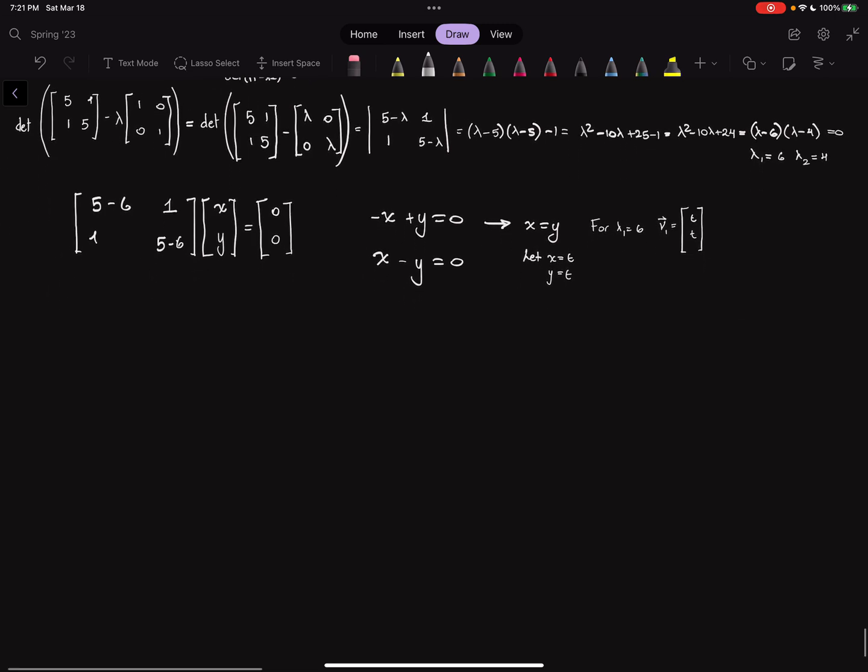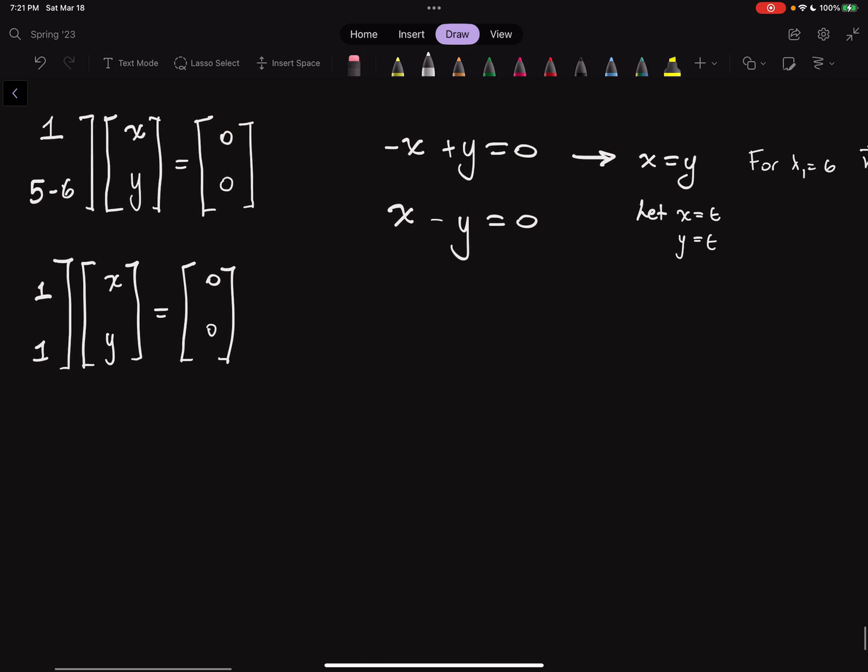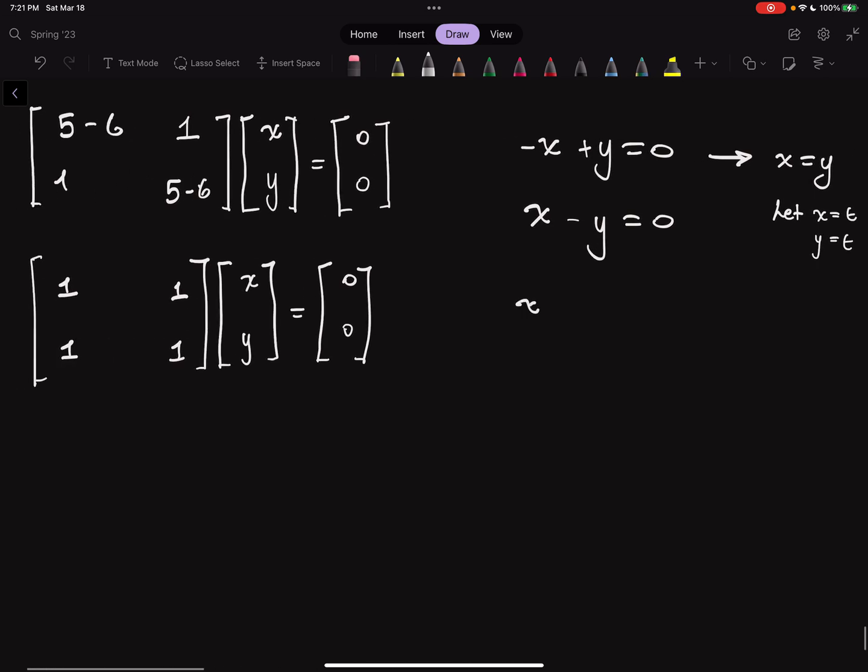We'll do the same thing for the second eigenvalue, which is 4. So 5 minus 4 is 1, and here we have 1, 1, 5 minus 4 is 1. And then we have to solve this same system. Now notice how we have the same equation at the top and at the bottom. So we really only need one: x plus y equals 0, which means that x is the negative of y.